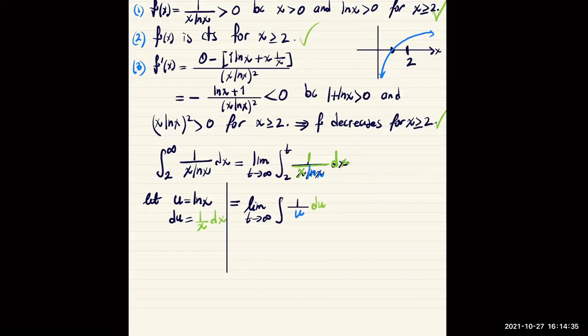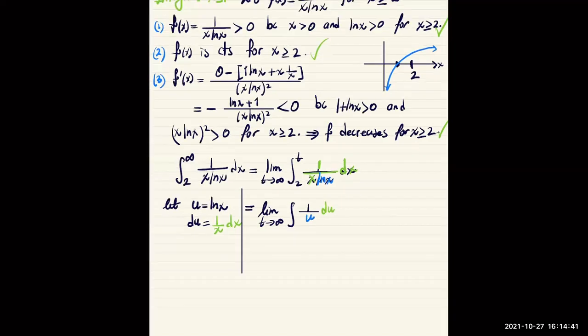Now change the limits of integration from x to u. All you have to do is substitute these x values into your relation between u and x. If x is 2, then u is ln of 2. The lower bound is ln 2. And if x is equal to t, then u is equal to ln of t.